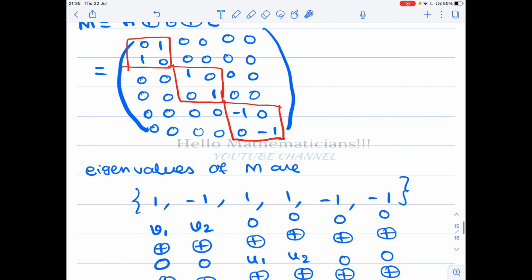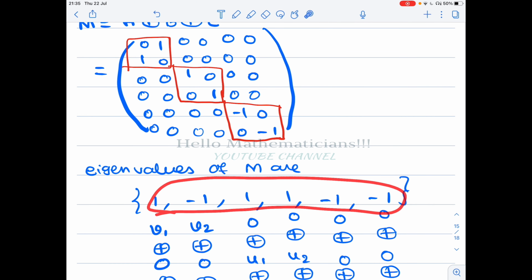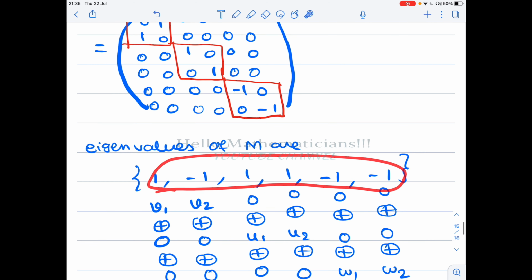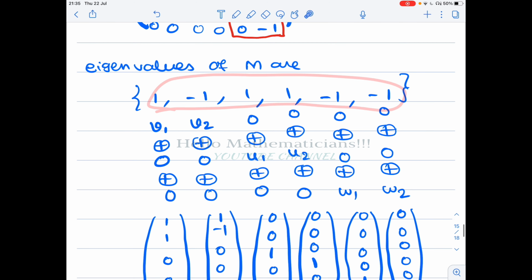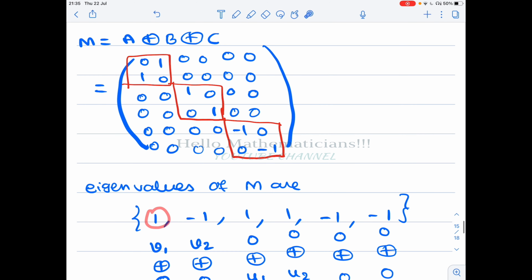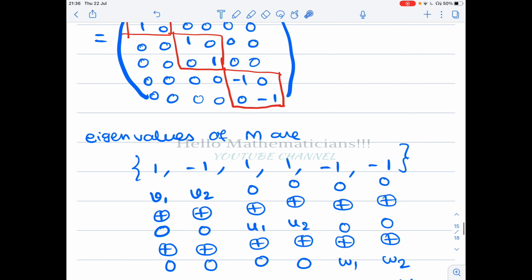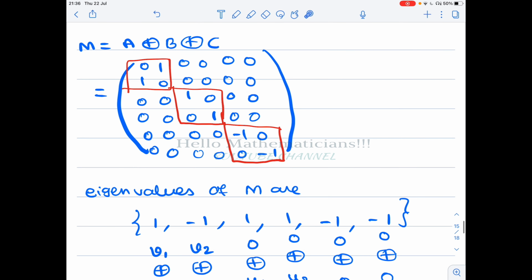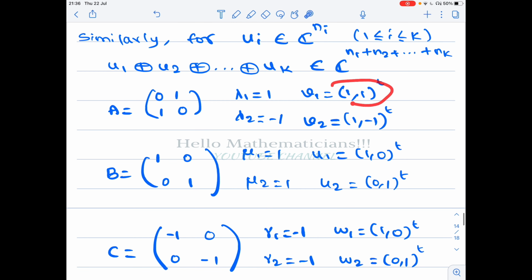Why are these eigenvalues of the matrix M? Because you can construct eigenvectors. You see, this 1 corresponds to the first block, and for this first block the eigenvalue is 1 and the eigenvector is 1 comma 1.